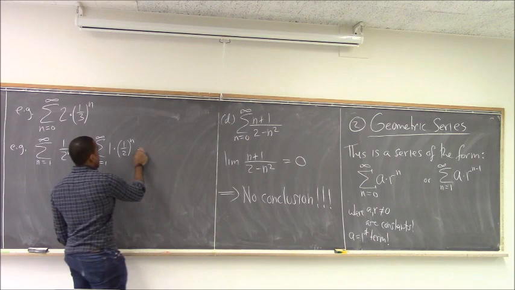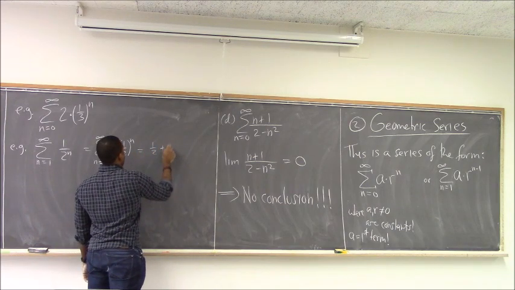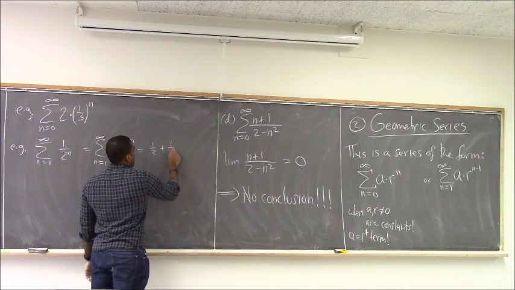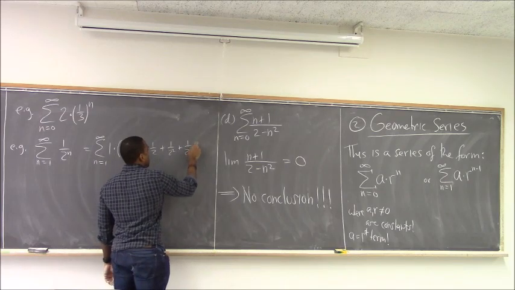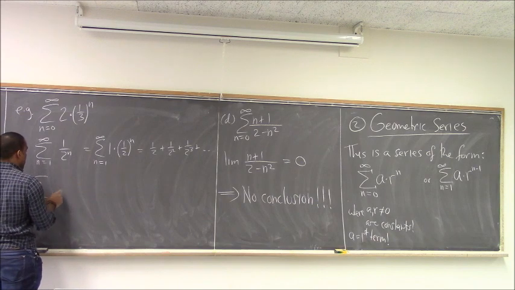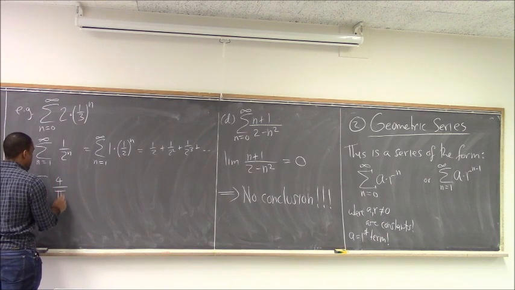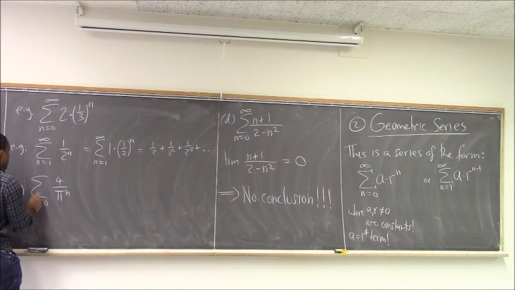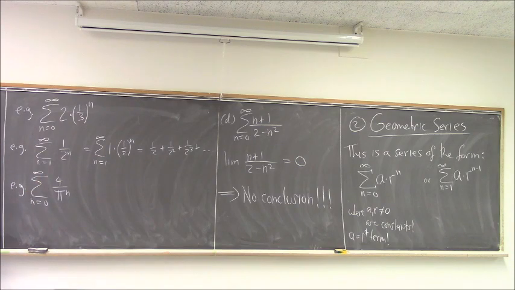You start plugging this in, you get a half plus and so on. We know that that adds up to 1. We'll come back to that. Or I think you get the idea. If you have 4 over pi to the n, this is a geometric series.